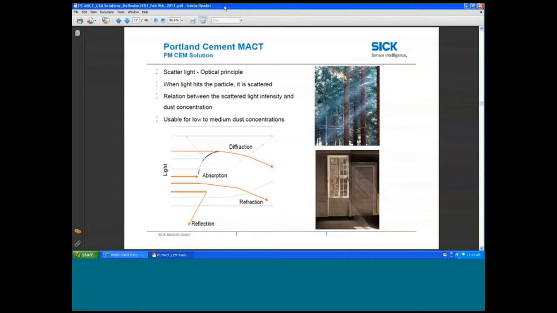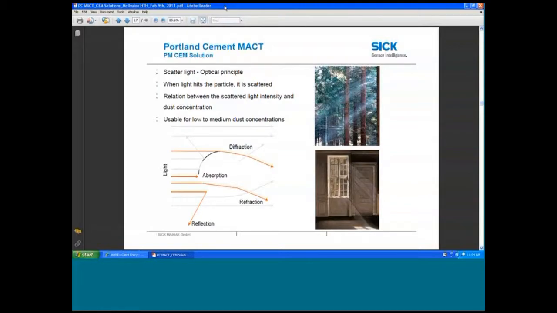The technique that we promote as the best solution is the scattered light technique. Scattered light is an optical principle, and it's based on the fact that when light hits a particle, it's scattered in some way, diffracted or refracted or reflected. And if you can quantify the amount of light that's scattered off the particles, there becomes a relationship between that scattered light intensity and the dust concentration.